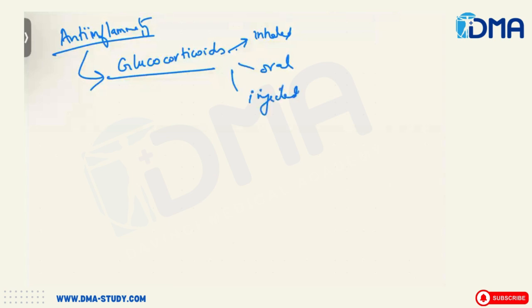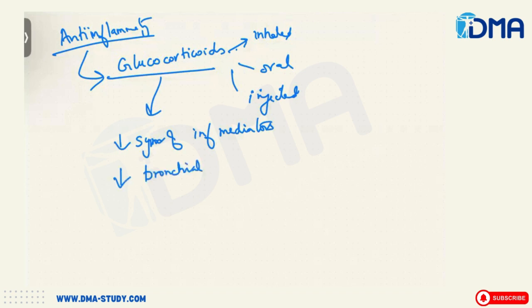How will these glucocorticoids act? They decrease the synthesis of inflammatory mediators, thereby reducing the bronchial hyperactivity, and further proceed.